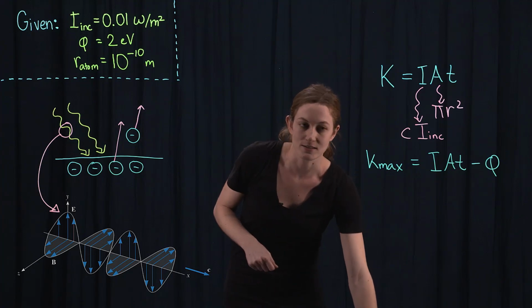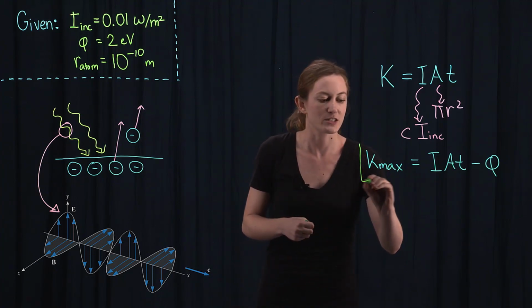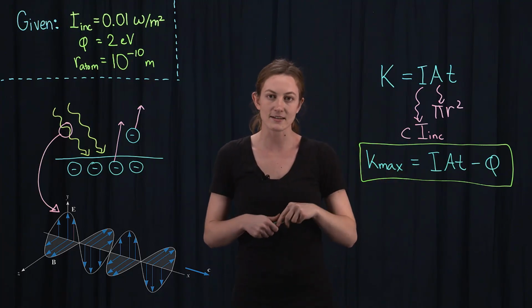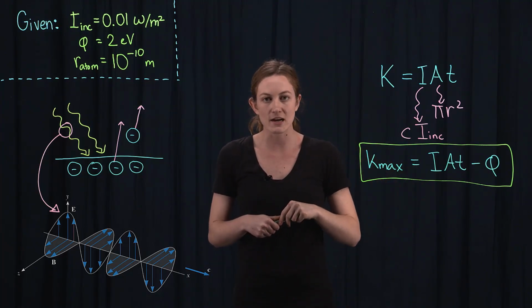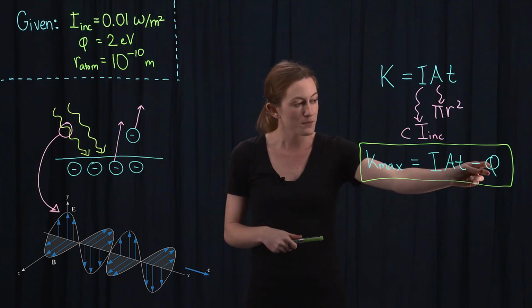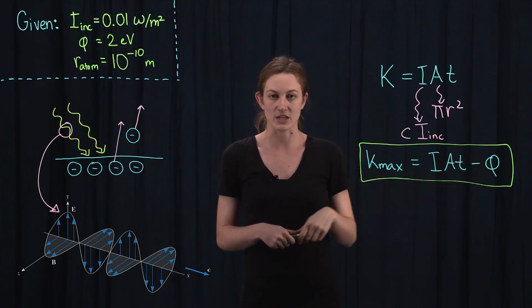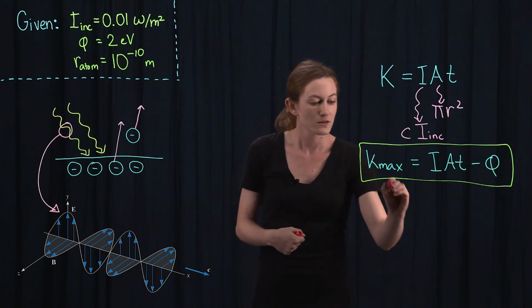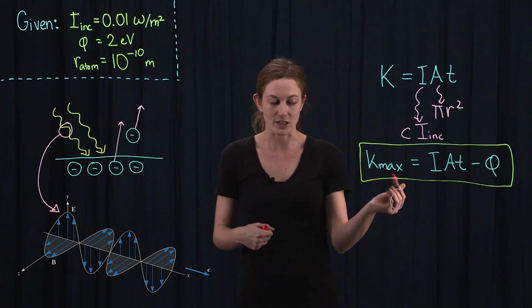So now the question is, how much time will it take an electron to absorb enough energy to overcome the metal's work function and thus be ejected? This will happen precisely when this maximum kinetic energy is 0.